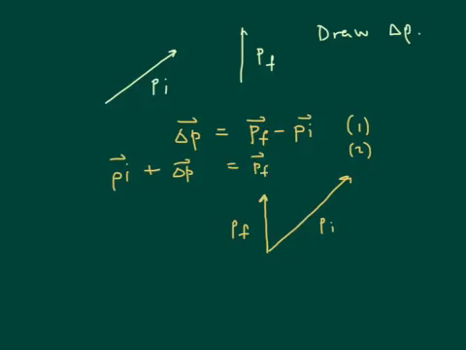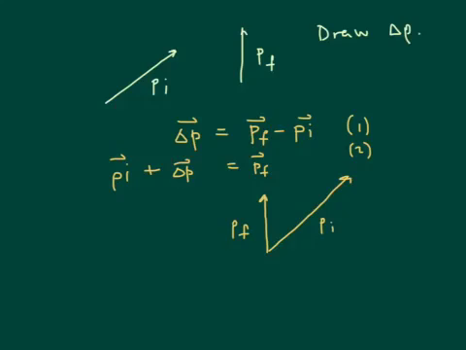And my second equation here shows me that I need to add pi with delta p. They have to be added together. So the tip of pi must connect with the tail of delta p. And I have to draw delta p so that pf is the resultant and goes from the beginning to the end.